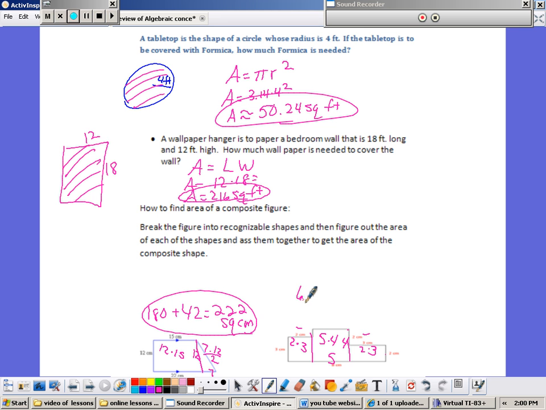So 2 times 3 is 6, plus 20, plus 6 gives me 38 square millimeters. Okay, that's not going to be right because 6 and 6 is not 8. Let's try that again. 6 and 6 is 12, so it's 32 square millimeters. So break it into shapes that you can handle and you can find the numbers on.